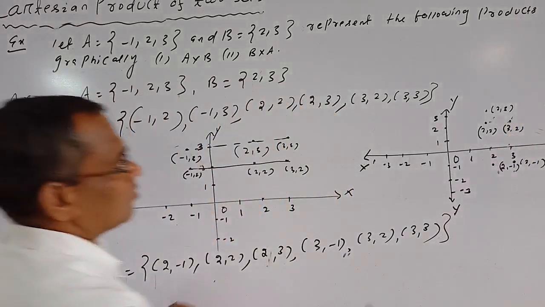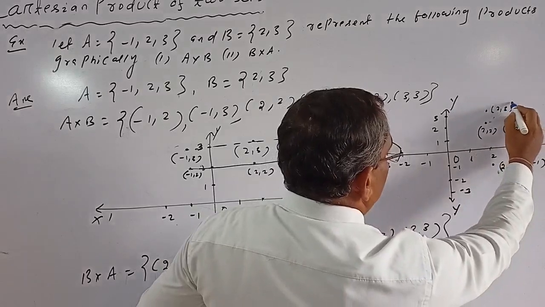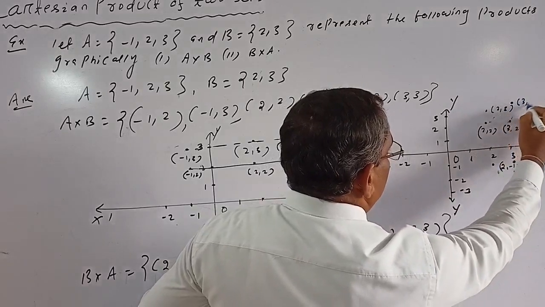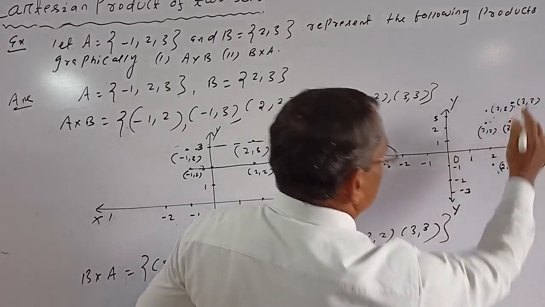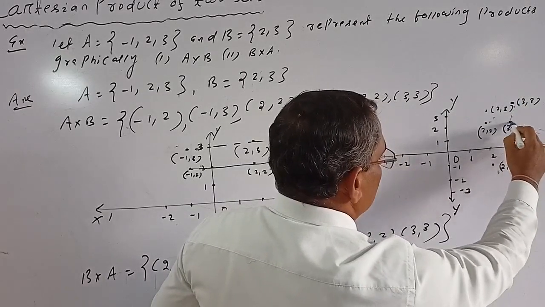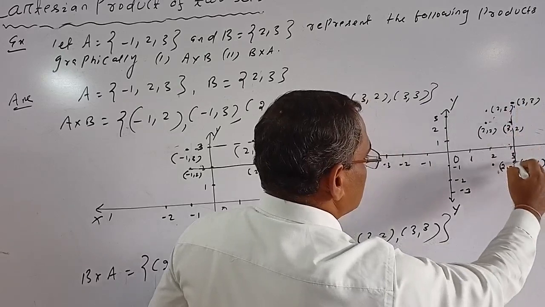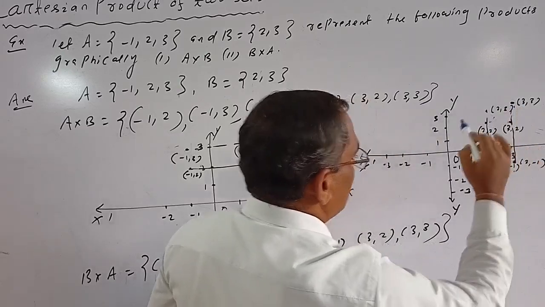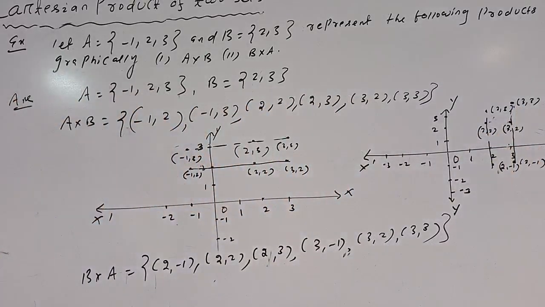Then another point, (3, 3). This point is (3, 3). Joining (3, -1), (3, 2) and (3, 3) gives another line. Okay. So these are the points in the Cartesian plane, because every ordered pair represents a point in the Cartesian plane. Okay.